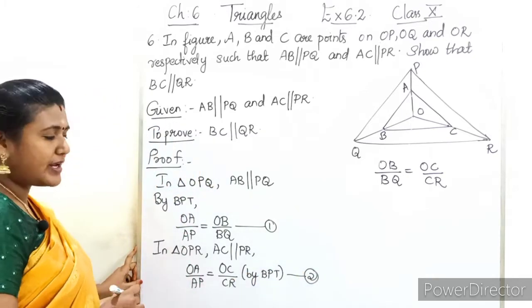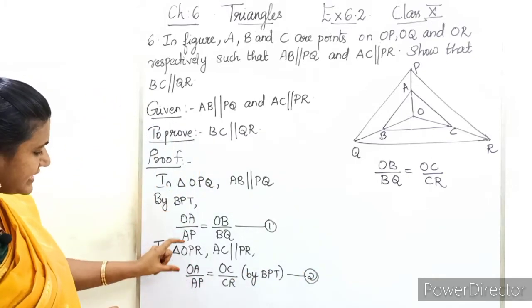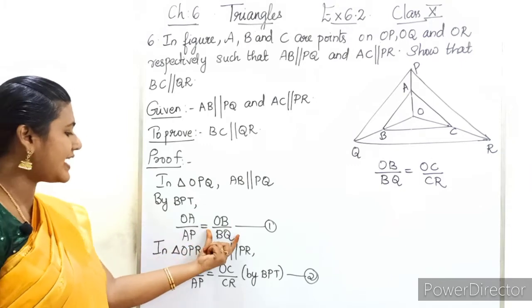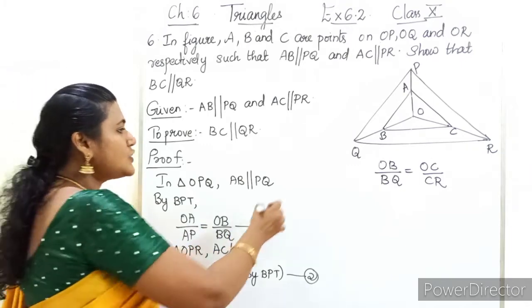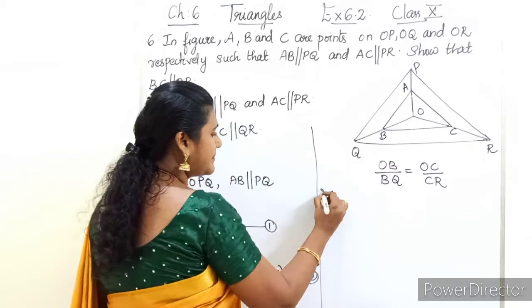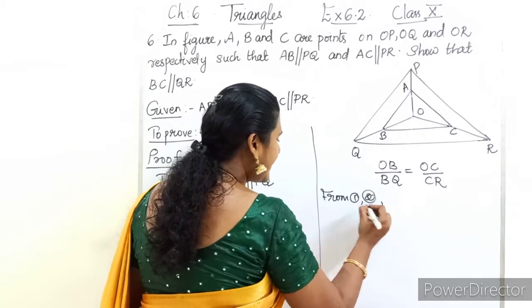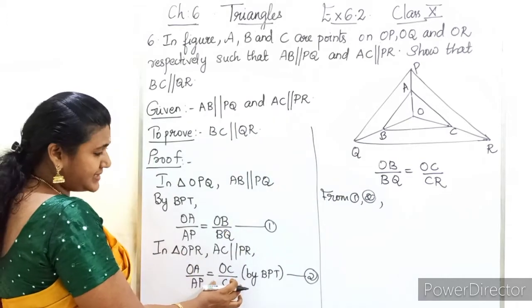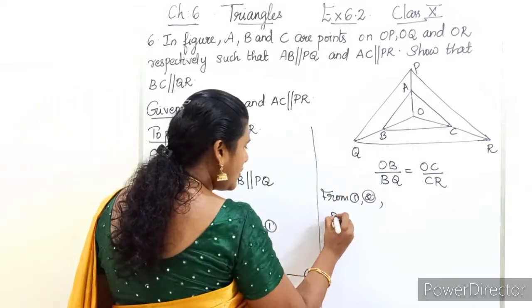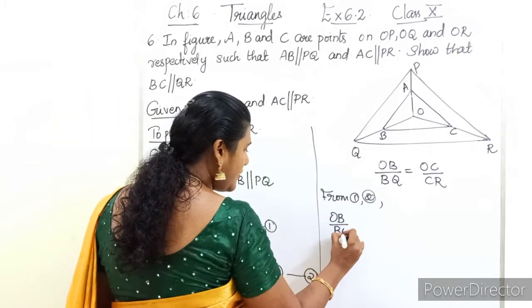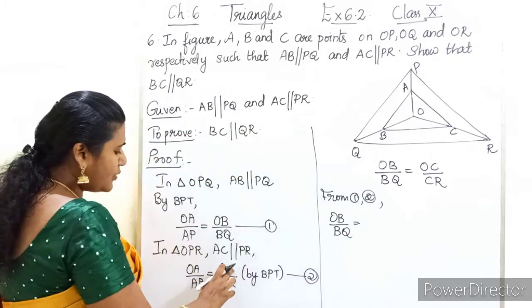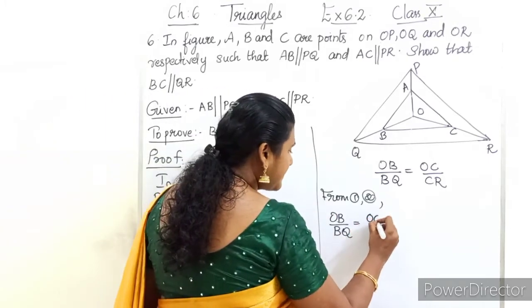Now you see here in both the equations we have the same left side expression, so we can equate the right side. So from 1 and 2, when you equate the right side, we will get the condition OB by BQ is equal to OC by CR.